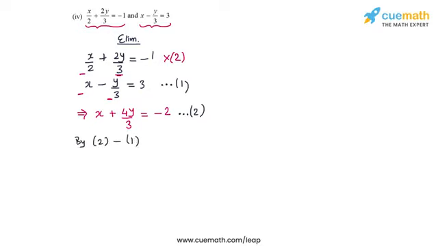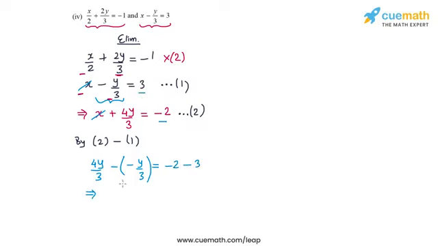So by doing this 2 minus 1, I will eliminate x, and on the LHS I will get 4y by 3 minus, and this minus y by 3, so minus y by 3 on the left side, and on the right side I will have minus 2 minus 3. So this is what we get.